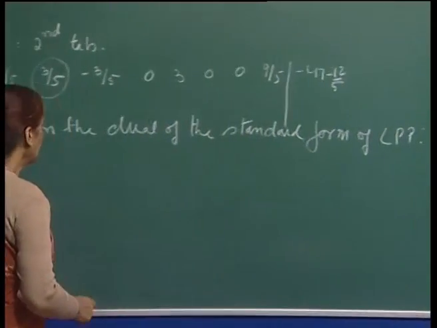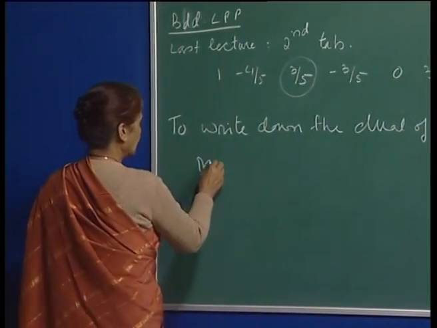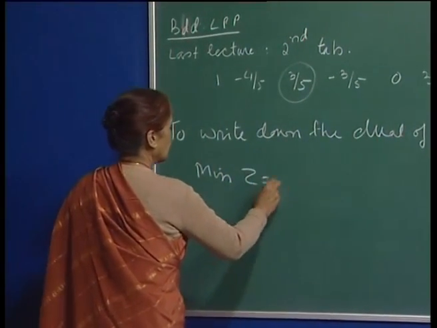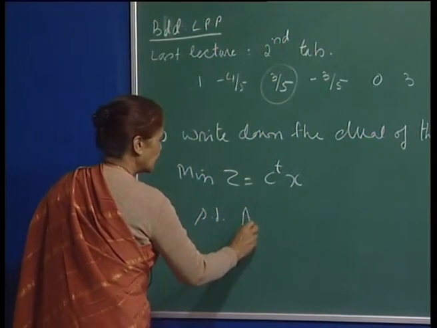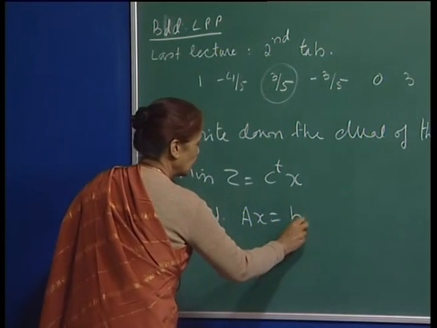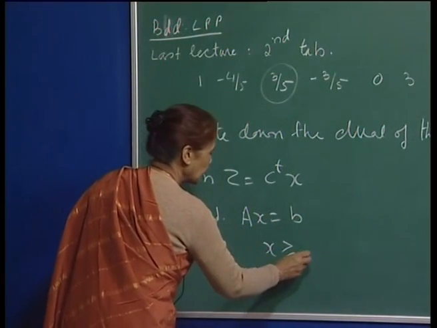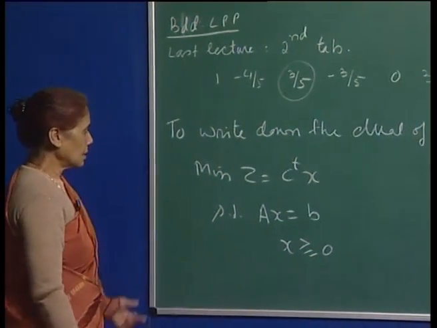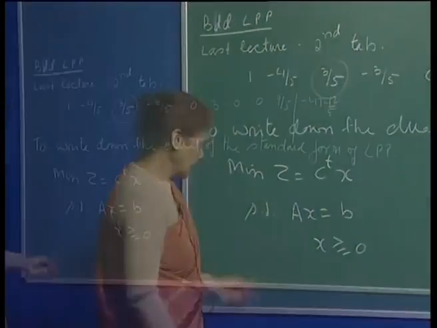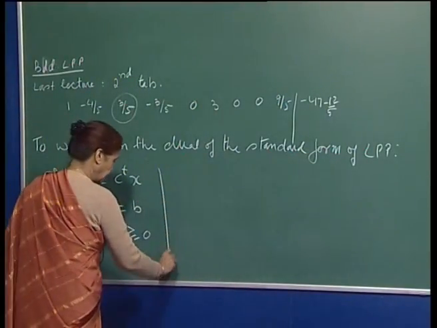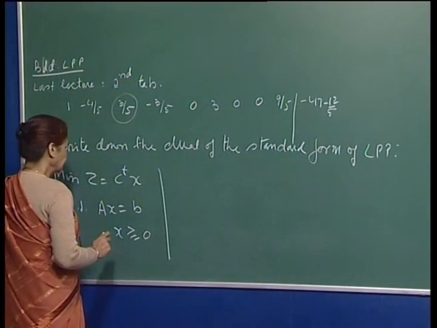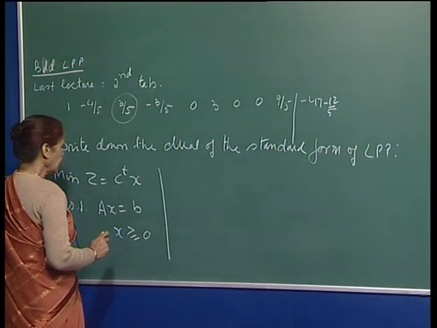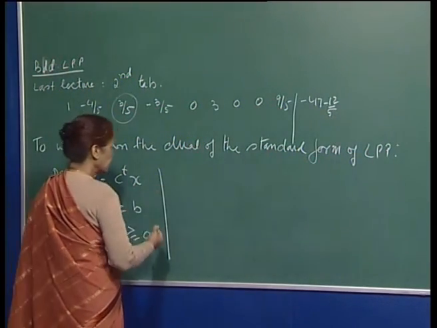So the standard form would be minimize Z equal to C transpose X subject to Ax equal to B, x greater than or equal to 0. Okay, all constraints are equality constraints, and I will just write down the dual, and then you can verify whichever way you want. Maybe I will demonstrate to you.